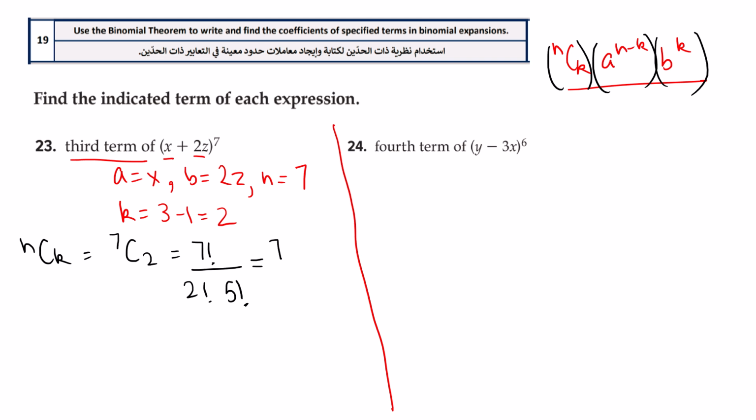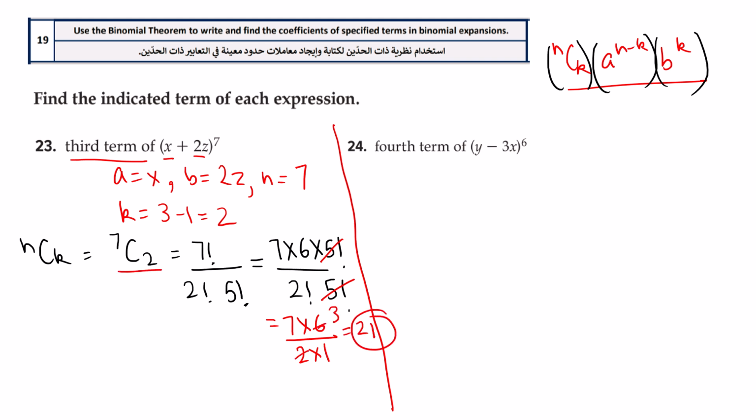So 7 multiplied by 6 till I get 5 factorial, because in the next step I will cancel the 5 factorial. This is gone. What is left? 7 multiplied by 6, over 2 factorial, which is 2 times 1. So this gives me 21 as the value of 7C2.